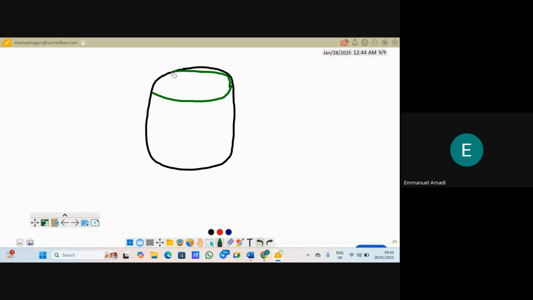All these plates here, let's say this is the frontal lobe. So this is frontal.